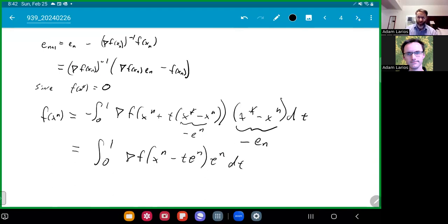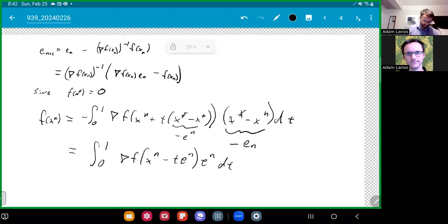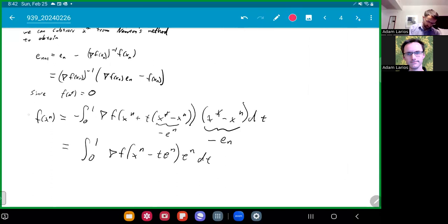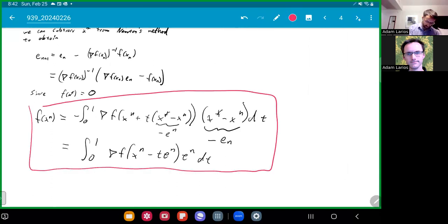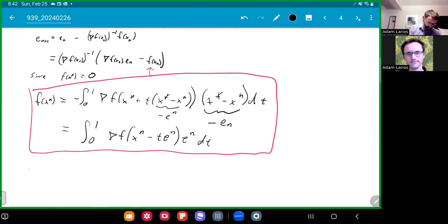All right. So substituting this into this expression for f of xn, we can have the following estimate. So we get En plus 1 is equal to the gradient of f of xn inverse.